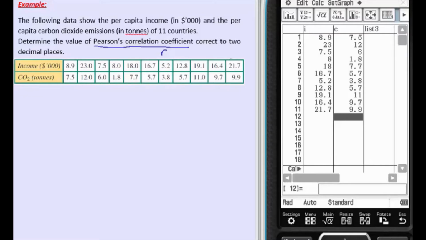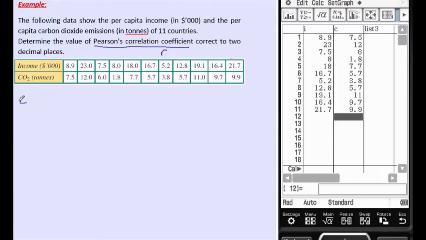Now, once we've done that, we need to work out what our independent and our dependent variables are, or our explanatory variable and our response variable. Now, our explanatory variable is the one, if you will, that comes first, and then our response variable changes according to the explanatory variable. So let's have a look. What we're saying is that we're looking at the emissions of carbon dioxide per capita, and the explanatory variable is going to be this income.